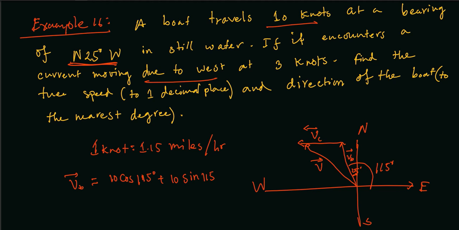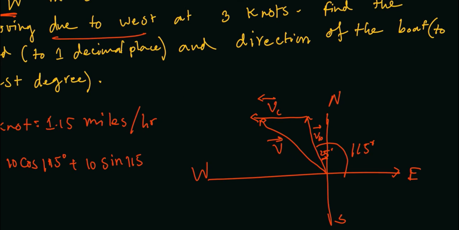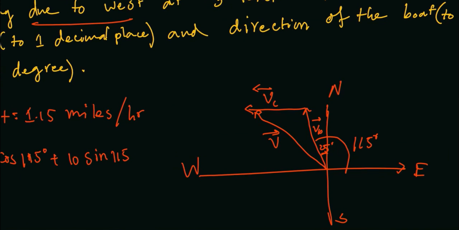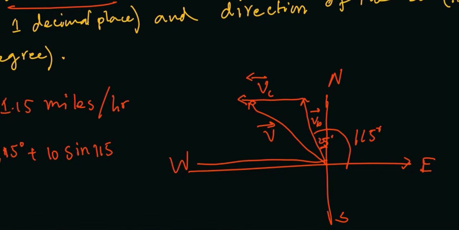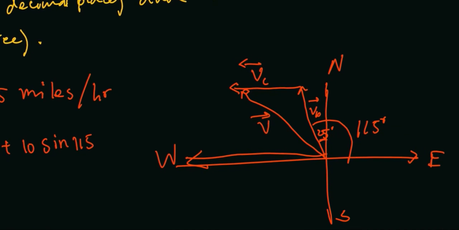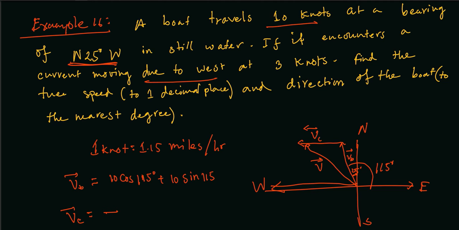And the vector VC is moving directly from east to west. Therefore, it will not have any y-axis movement. So it's parallel to the x-axis. It's moving in only one direction, the x direction, in the negative direction. It should be negative 3i, since the current is moving at 3 knots.